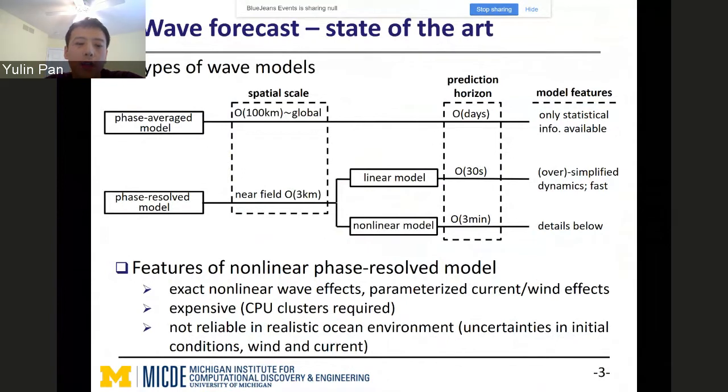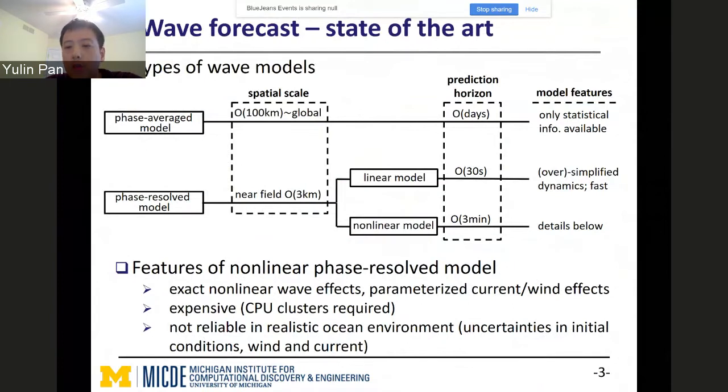On the other hand, we have the phase resolved model, which can be used for near field prediction with a spatial scale of about the order of 3 kilometers. Depending on the equations solved in the phase resolved model, we can further classify this into the linear model and the nonlinear model. In the linear model, we simply propagate each wave mode by its phase speed.